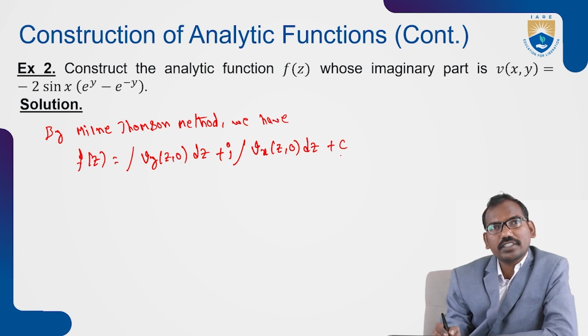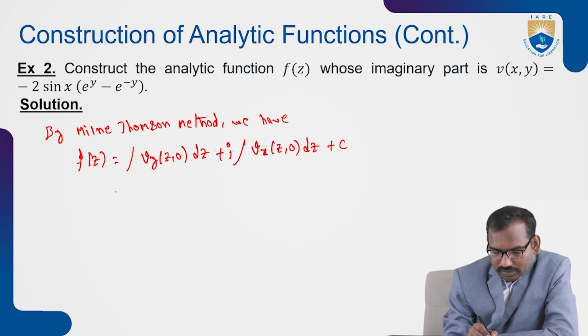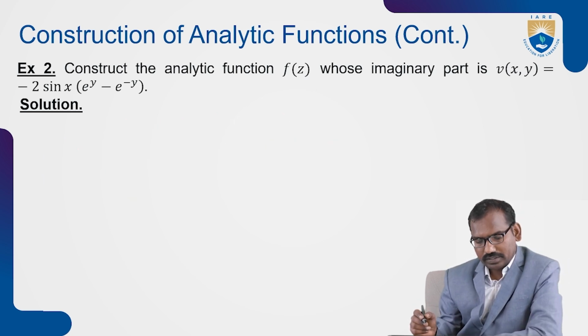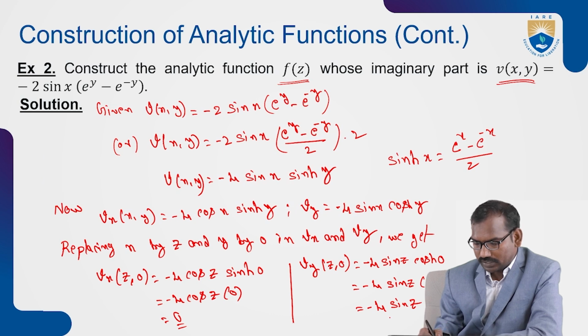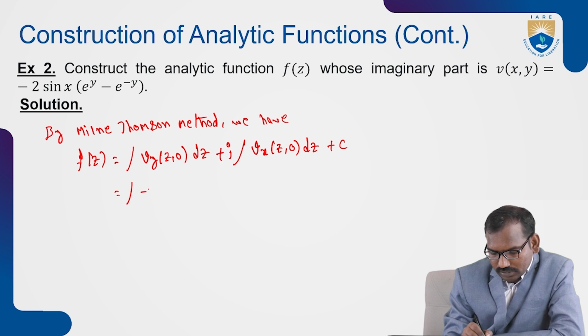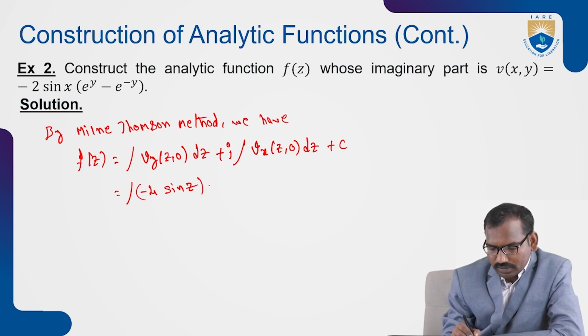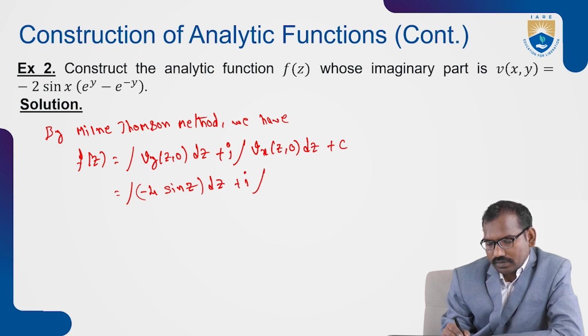This is a complex constant. Now we already calculated v sub y. v sub y is minus 4 times sin z. Here I have minus 4 times sin z dz plus i integration of v sub x at z comma 0, which is already calculated as 0, dz.